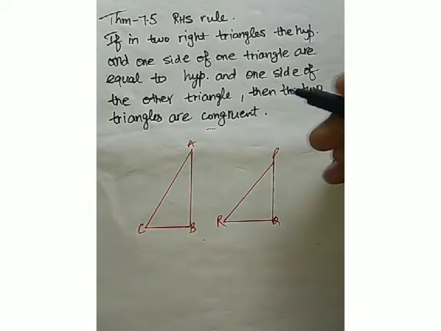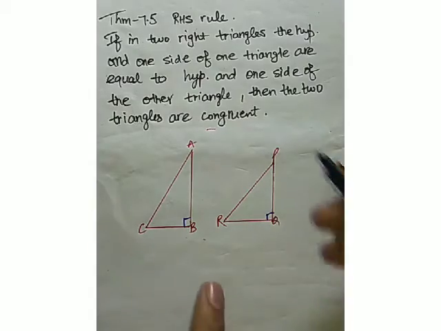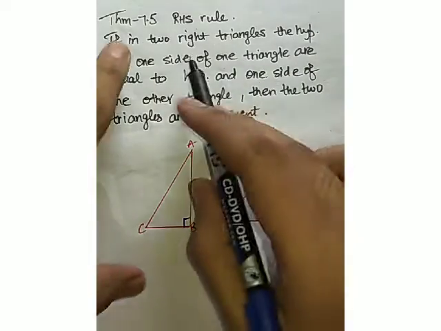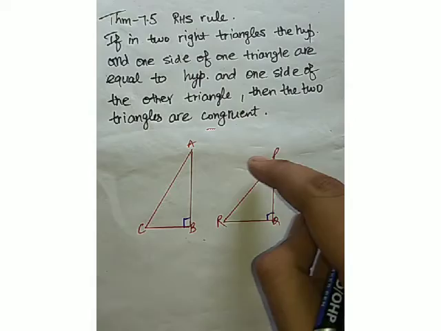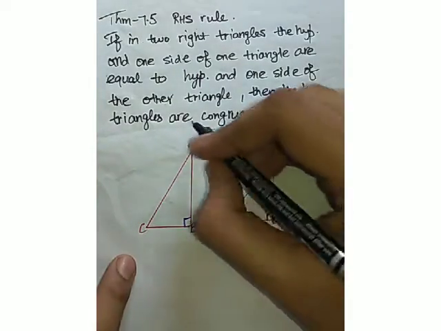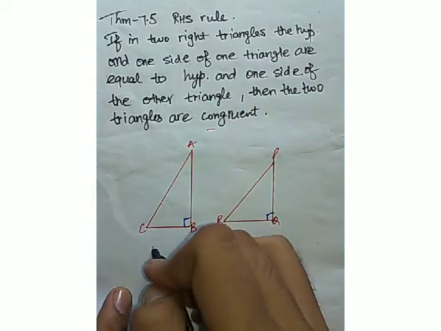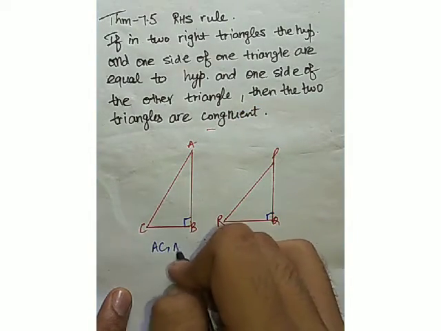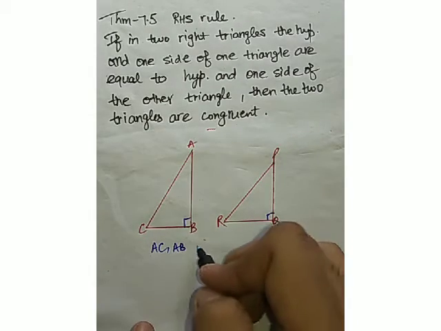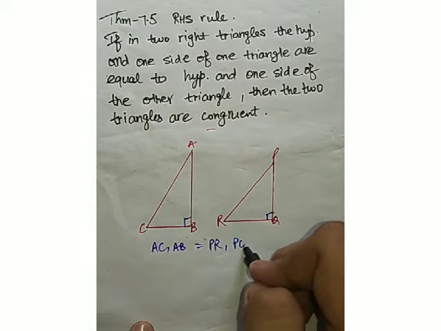So these are two right angle triangles, right angled at B and right angled at Q. Now it states that if there are two right angle triangles, the hypotenuse and one side, it means AC and any one of these two sides, for example say AC and AB, are equal to PR and PQ respectively.